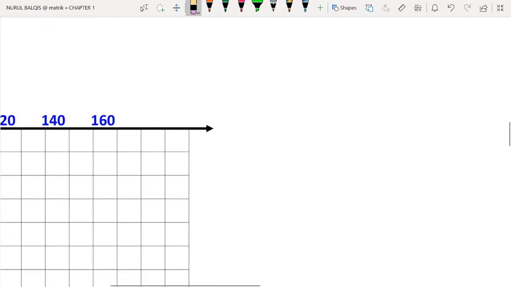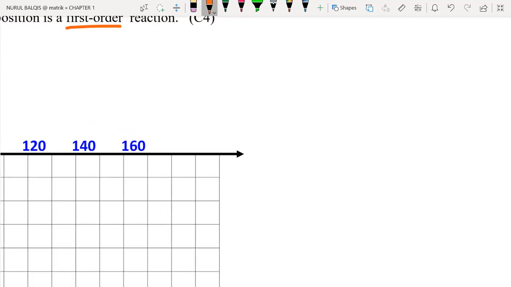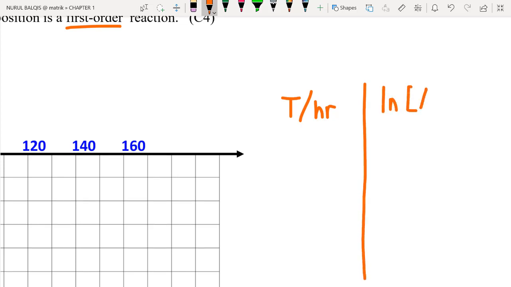Okay, let's say I'll do the table here. Our time is in hours, and then our concentration is ln concentration of magnesium. So the first is 0 hour, ln 1 is equal to 0, followed by 21 hours. ln 0.5 is negative 0.69.